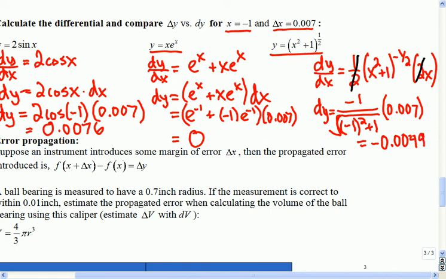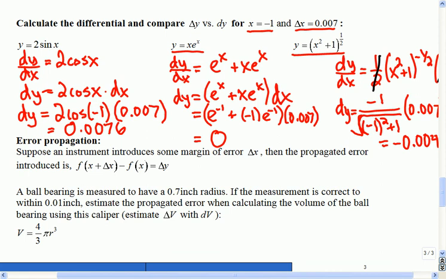So now that we've had a chance to actually try calculating these, let's talk about why these might be interesting to estimate the change in y. How many people are going to study lab sciences next year, or in their future, if not next year? Something like physics or chemistry or biology. Here's the thing you have to realize when you're doing those measurements: in your experiments, you're probably familiar with some of these error estimates that the tools you have provide.